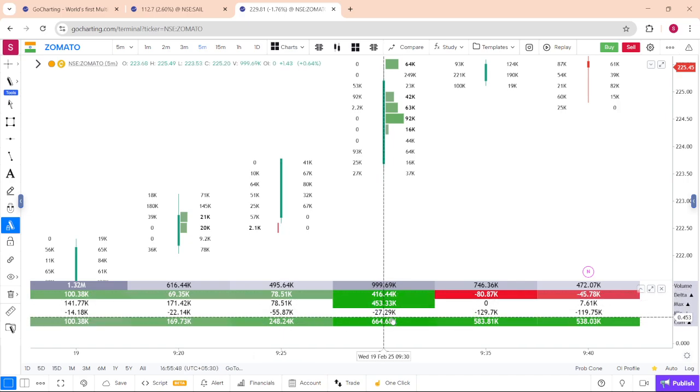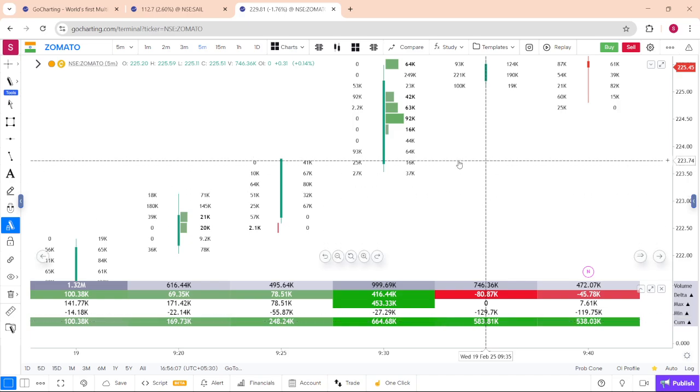And this is the cumulative delta. The cumulative delta is very important in equity trading. And this cumulative delta is less important in intraday options trading. For positional calls, we will consider this cumulative delta to a great extent. And I will explain all these things slowly.